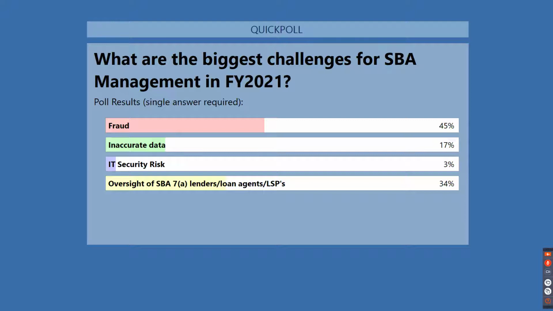And the fraud, we didn't talk a lot about. There was fraud in the SBA lending program prior to PPP, but the PPP program brought it out to where we read about it on a daily basis in the news outlets.